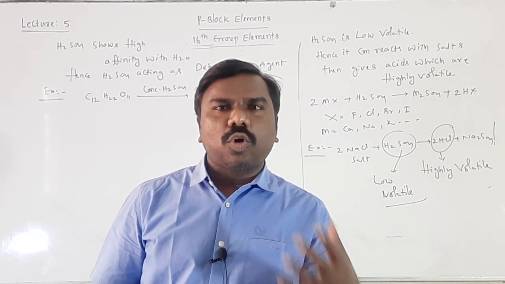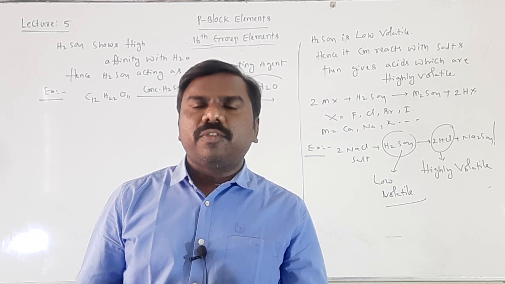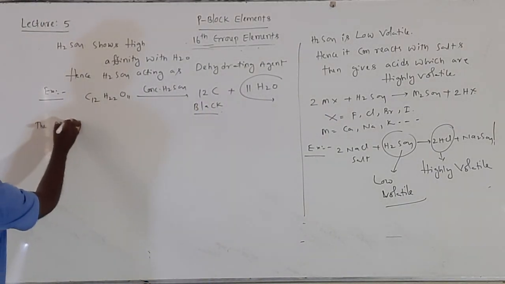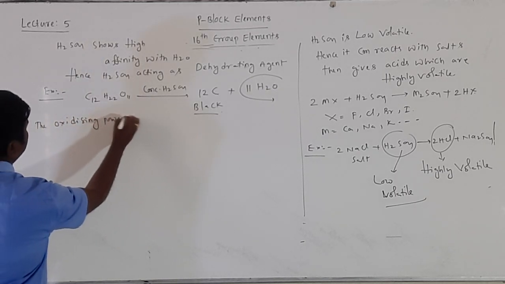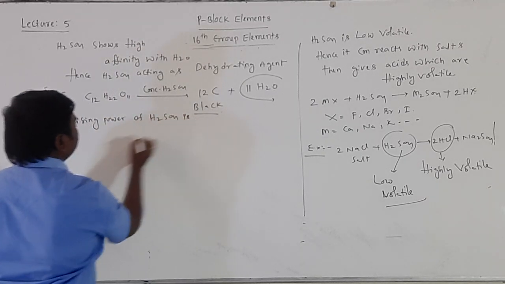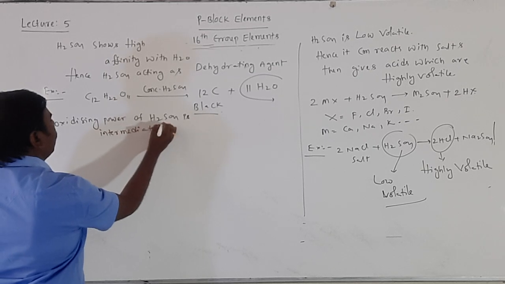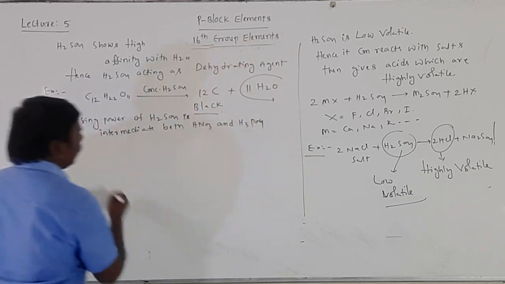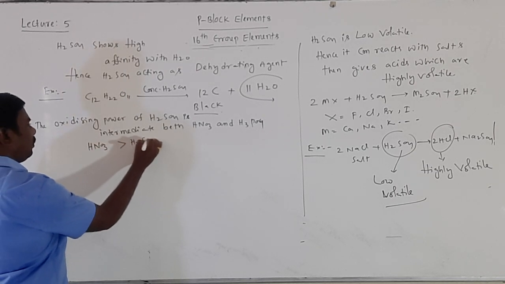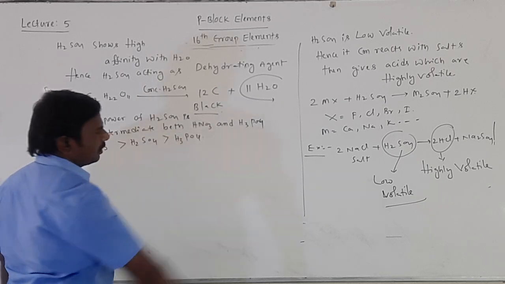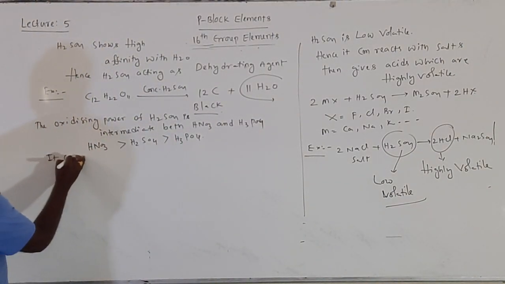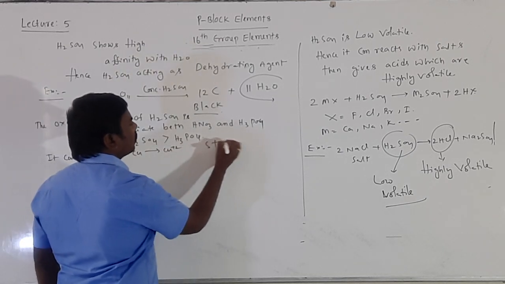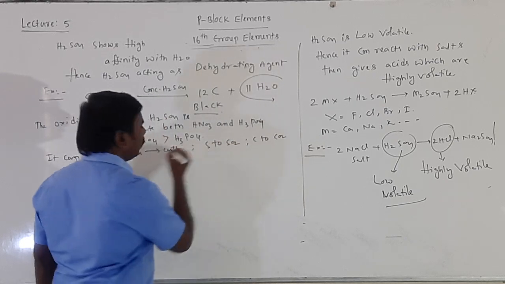It means HNO3 is stronger, H2SO4 is in the middle, H3PO4 is last. Hence, it oxidizes copper into Cu plus 2, sulfur into sulfur dioxide, carbon into carbon dioxide. Getting, students? Right.